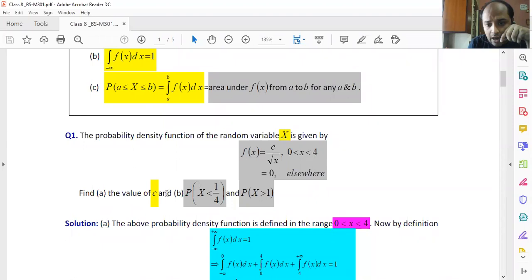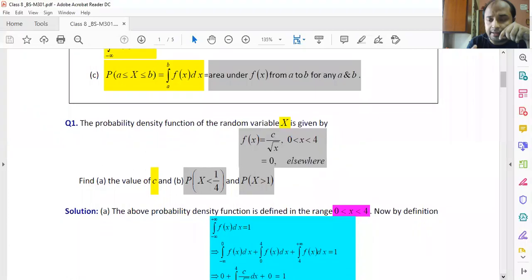Now we are going to find the value of this constant c and the probabilities written over here. One is the probability that the random variable takes values less than 1 by 4, and the other is the probability that the random variable takes values greater than 1. Remember, I am talking about the continuous case, not the discrete case right now.